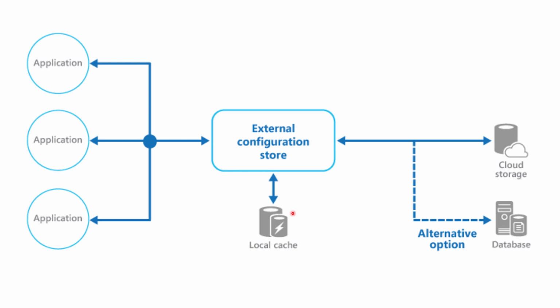This is what the external configuration store pattern is about: pulling out different application settings or configuration settings from the local application settings and storing them externally to be shared across multiple applications.